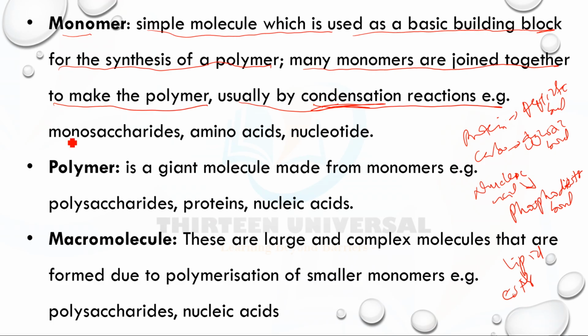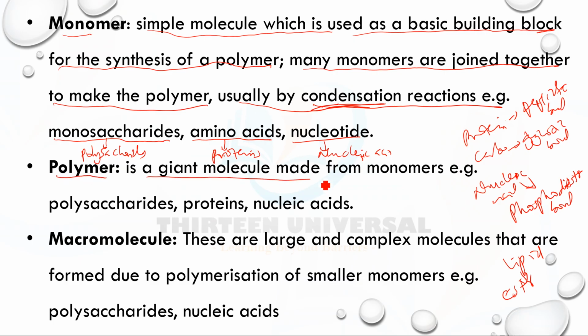So you see, in these reactions, for example, monosaccharides undergo condensation reaction to form polysaccharides. Amino acids form proteins. And nucleotides form nucleic acids. The bonds that join them together are covalent bonds, right? Now let's go to polymer.